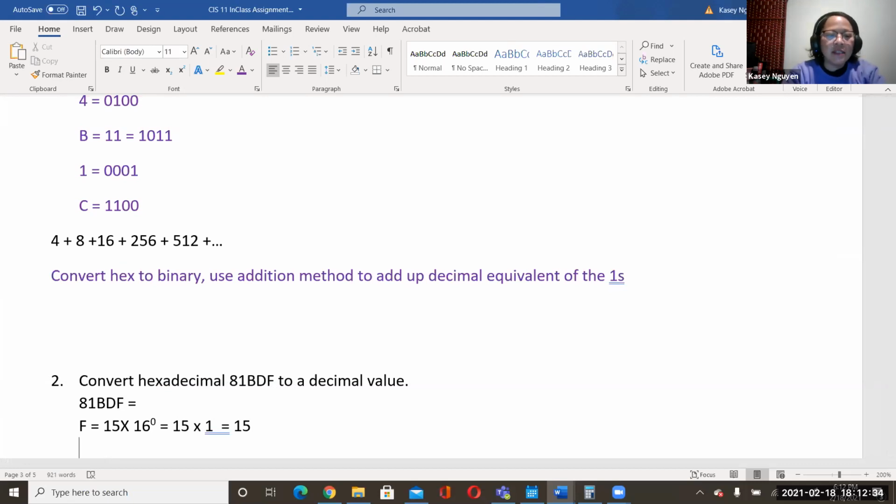And then D, right? If you remember the scale, A is 10, 11 is B, 12 is C, and so 13 is D. Since we move 1 to the left, we have to multiply this by 16 to the first power.